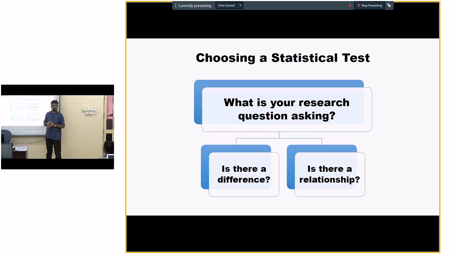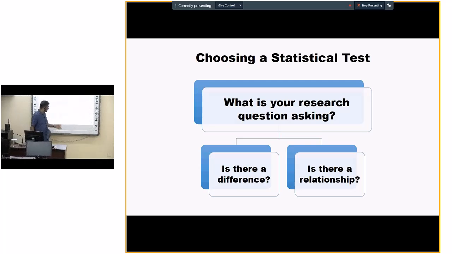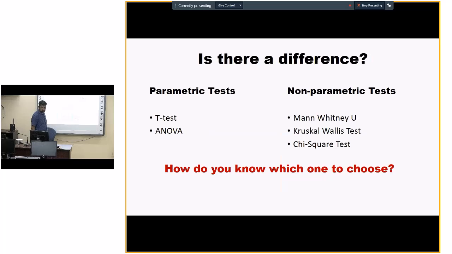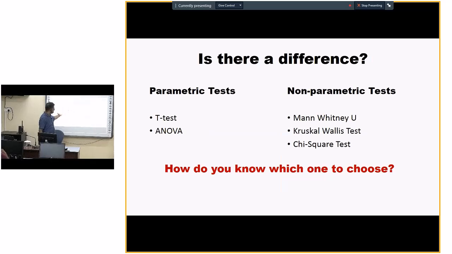Measuring the impact is also under that, right? Then we may have these two main purposes. Again you can see a number of statistical tests, parametric and non-parametric. These are only examples. There are a number of things, so how do you know which one to choose?